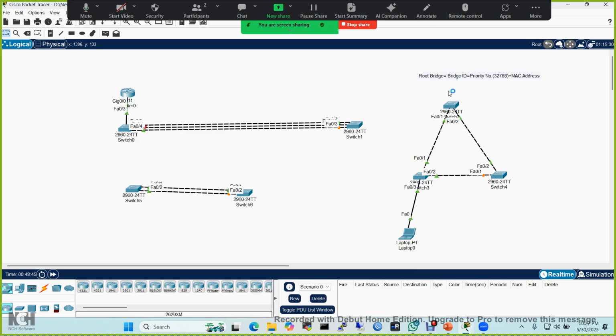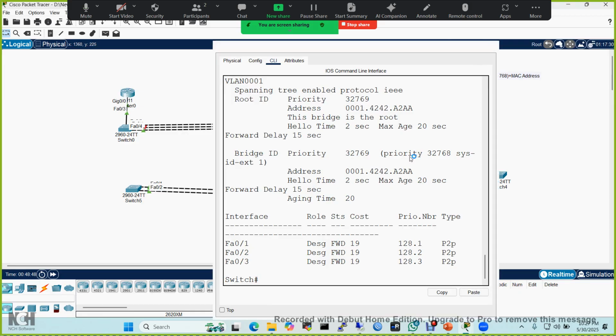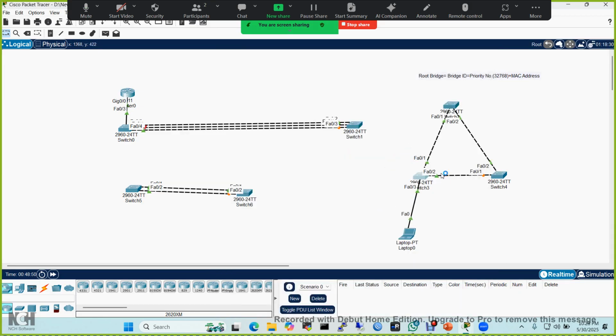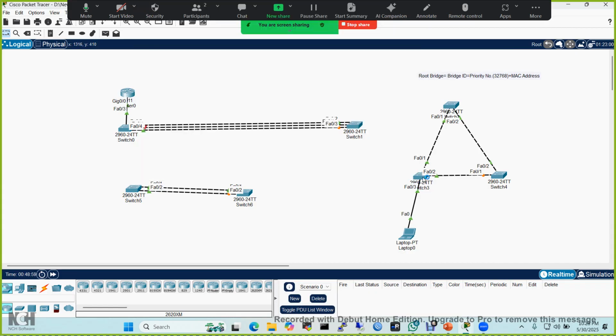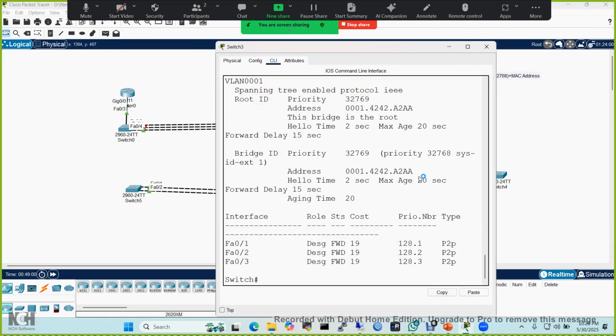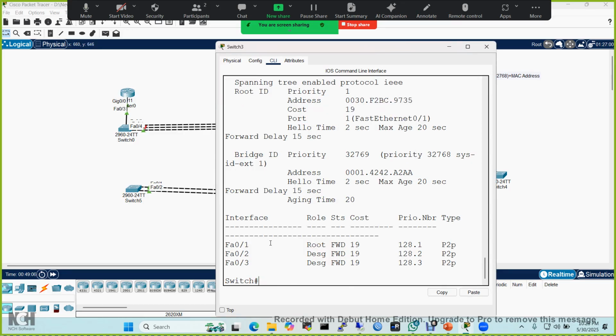Here, for this switch, is it the root switch? No. If I go to this switch, there is a port that will have the root role. I am checking which one is the root role. What is the command to check? Have you got a root port? Root forwarding.